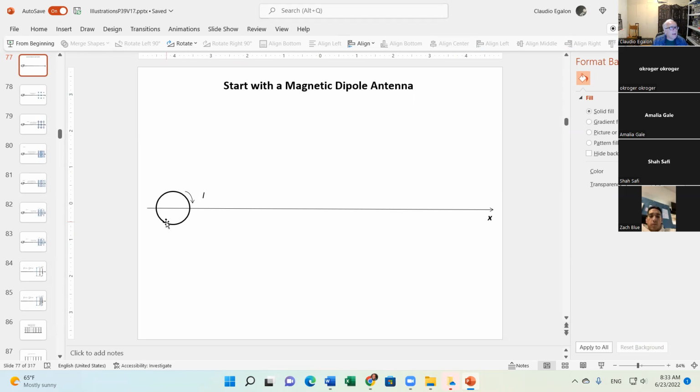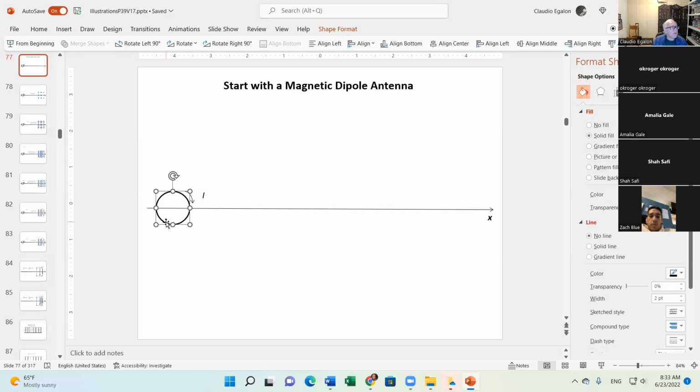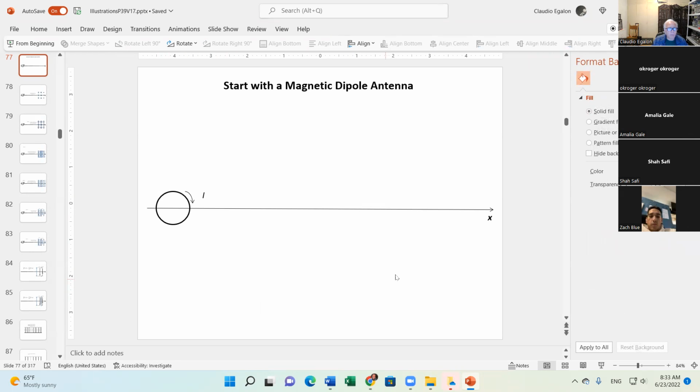And if you have electric charges, they will also be restricted to the region of the source. And I want to know what's going to be the electric and magnetic field in this region of space where there are no charges and no current distributions. Okay, start as a magnetic dipole antenna.